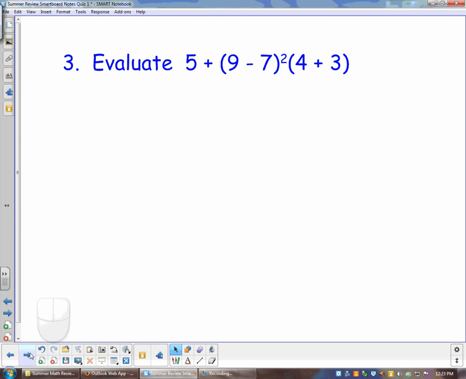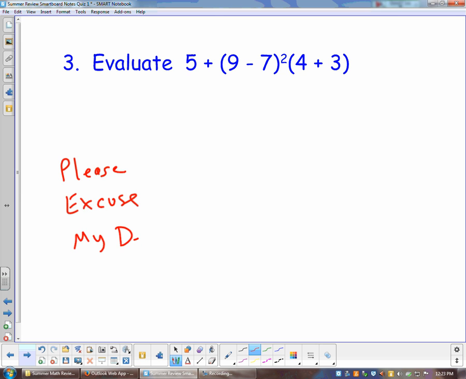Now we're evaluating an expression, so order of operations is very important here. Remember order of operations, maybe you've heard this little mnemonic device: Please excuse my dear Aunt Sally. The P stands for parentheses.